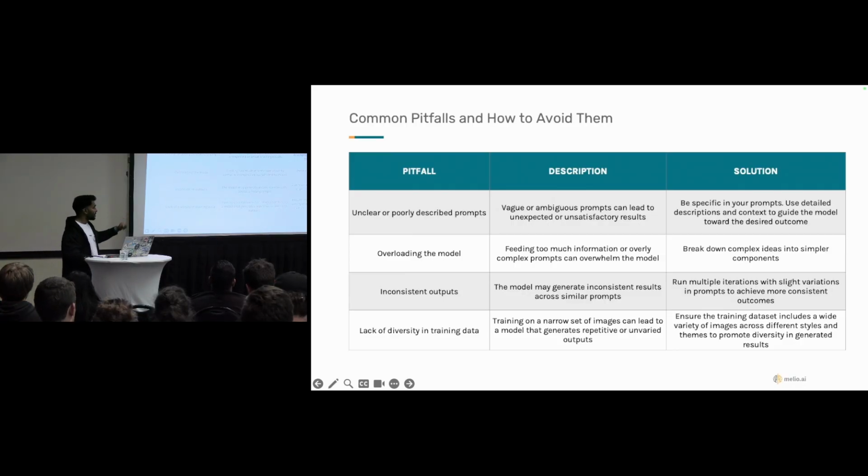Inconsistent outputs is a third. Even if you set a seed during your inference, if you generate an image that looks cool and maybe you want to change the color of your shirt, you'll never get the same image again. The shirt may change, but it's very difficult, if not impossible, to get the exact same image. So a suggestion here is to always save every generation you make, whether it's good or bad. Just default pipeline, save it.